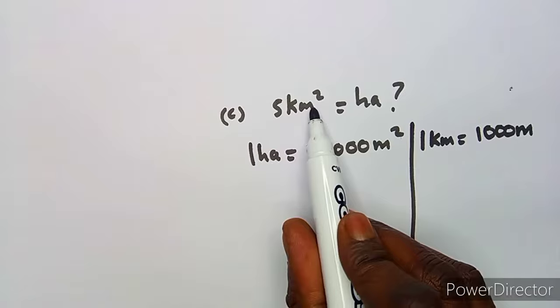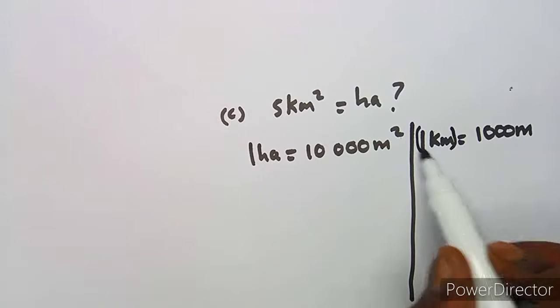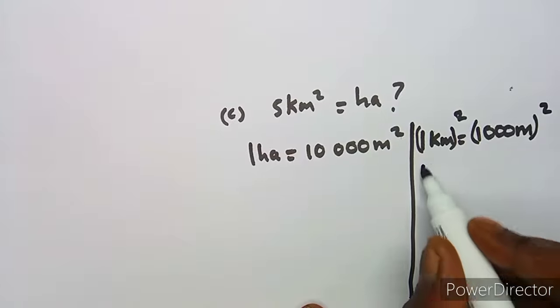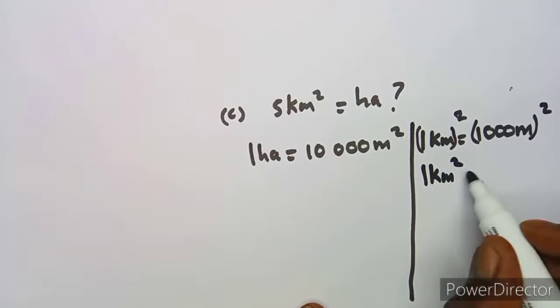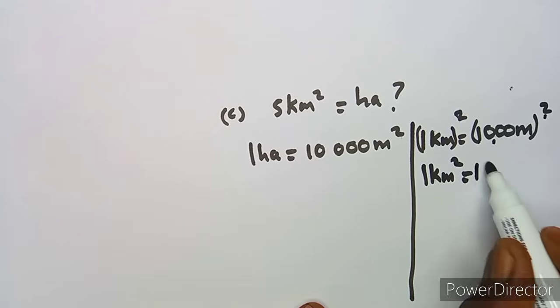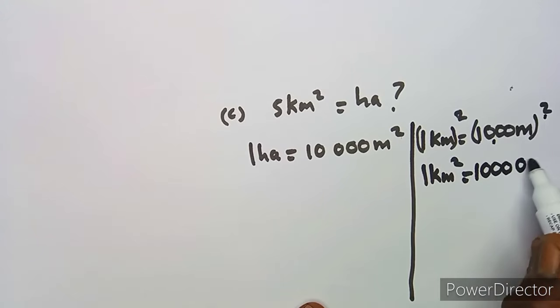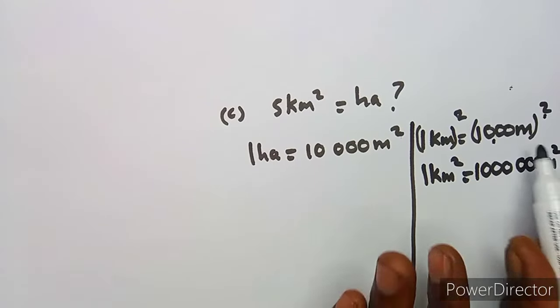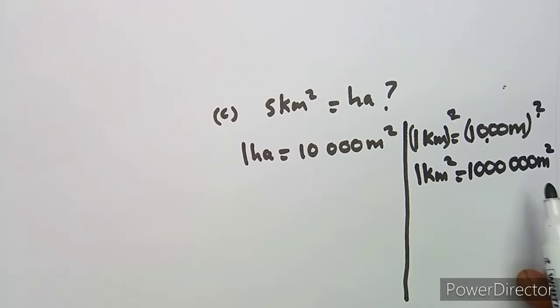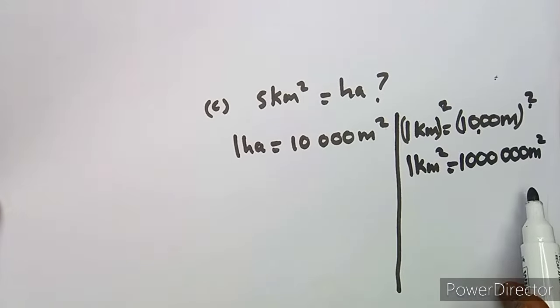So these are square kilometers. In order for us to have square units, we have to square both sides, which means 1 square kilometer is equivalent to 1,000 squared, which is 1 million square meters. If you do not know this by heart, you can take it from where it was generated.